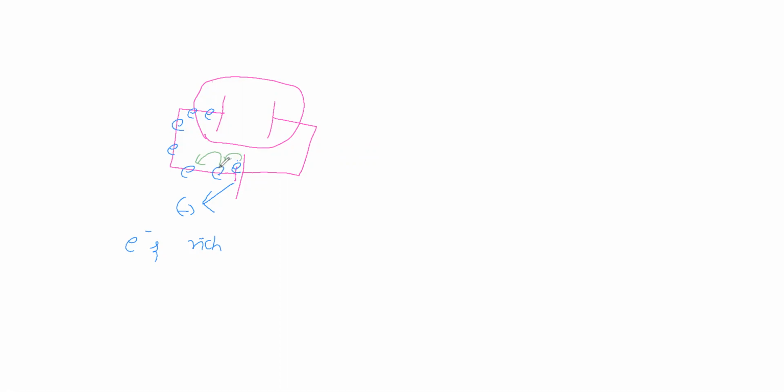Due to that repulsion, this electron automatically moves to this side. In this way, electron movement continues, and finally an electron reaches this place.